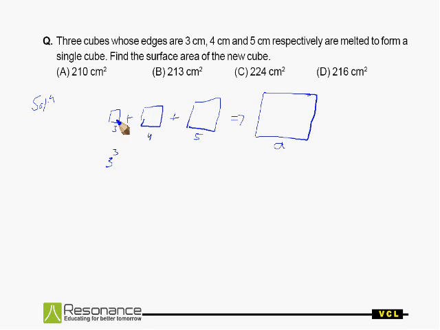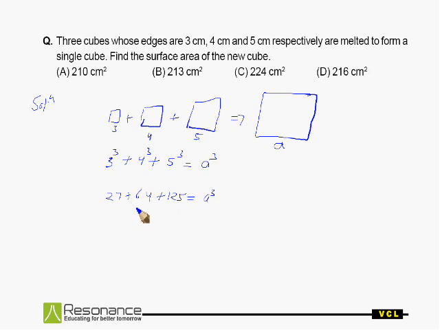The volume of the small cube of side 3 centimeter is 3 cube, the volume of this cube is 4 cube, and the volume of the cube of side 5 centimeter is 5 cube. The sum of these volumes is equal to the volume of this big cube, that is a cube. 3 cube is 27, 4 cube is 64, 5 cube is 125, which is equal to a cube.